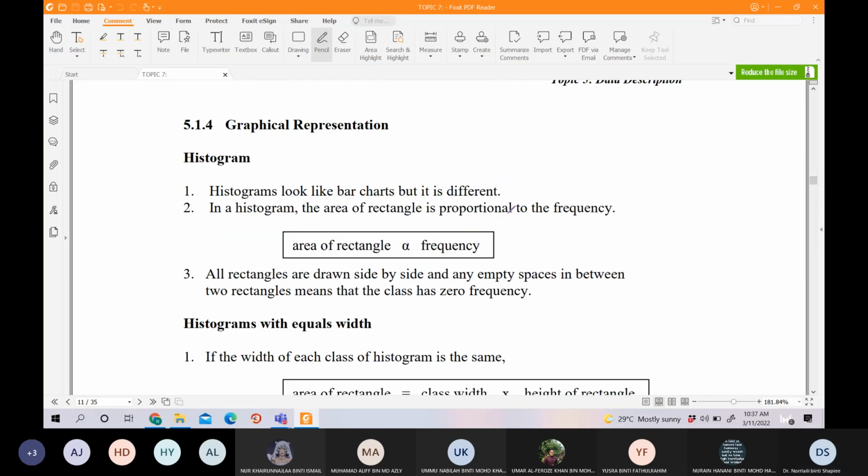Histogram. Yes, Nur Ain Hanani. Where we stopped from the previous class.